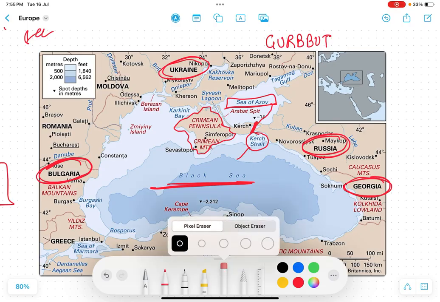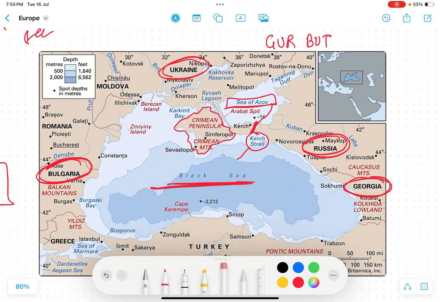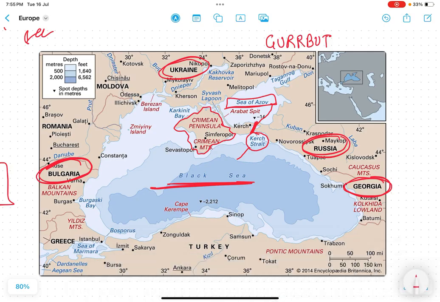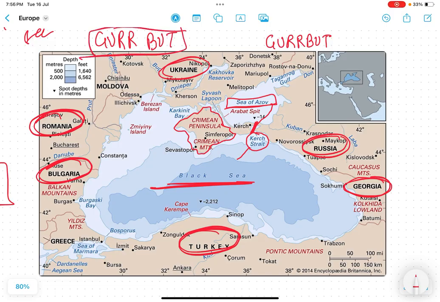It is GURRBUT, double R. The second R is of Romania. Then we have Turkey. GURRBUT. These are the countries that border Black Sea.